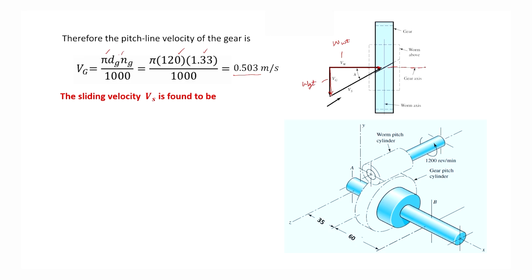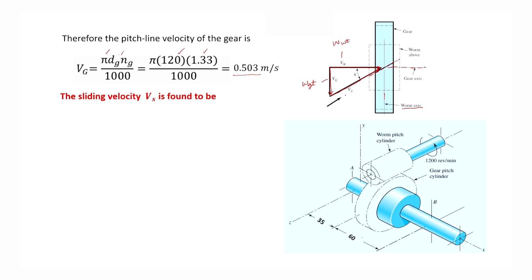And the sliding velocity, or the sliding motion, will be along the tangent to the thread. This is the thread on the worm. So, tangent to the thread will be the sliding velocity. And you see the angle between the tangent to the thread and a line normal to the axis of rotation of the worm. The axis of rotation of the worm is this one, and so this angle is the lead angle.